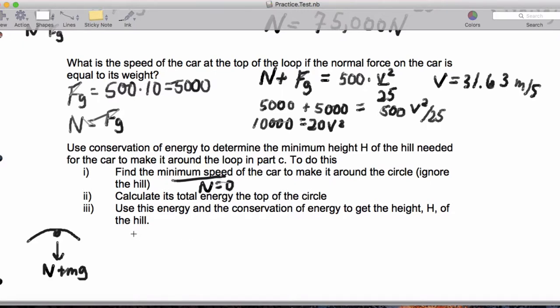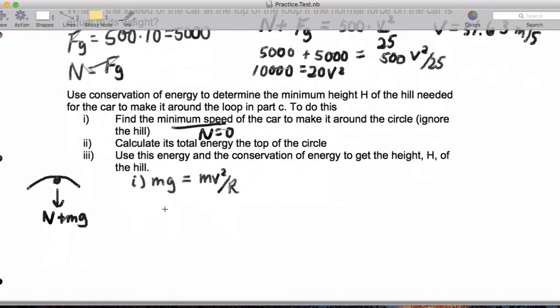So with the first little part here, we're going to say mg makes the car accelerate in a circle. We'll plug in our numbers. So we'll actually end up getting 500 times 10 equals 500 times v squared divided by 25.